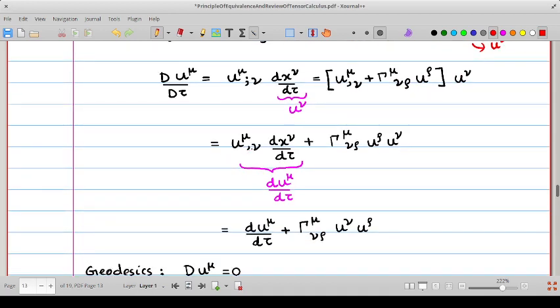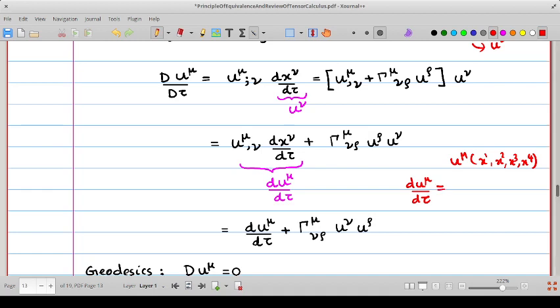But now, since u is the velocity vector field, which is actually a function of the coordinates x1, x2, x3 and x4, this is nothing but the derivative of u^μ with respect to the proper time.